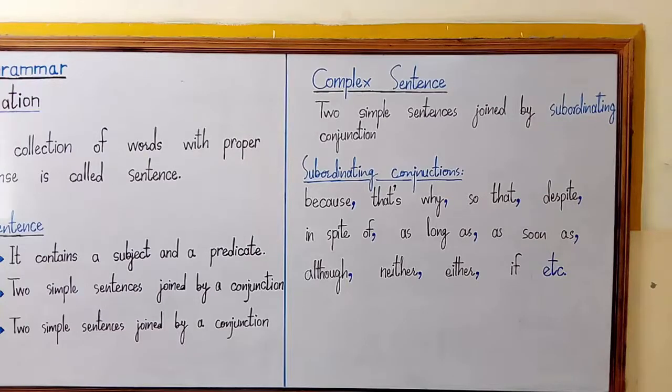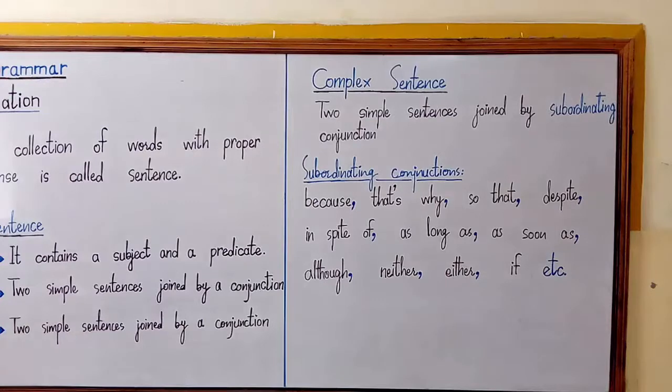Number 1, because, that's why, so that, despite, in spite of, as long as, as soon as, although, neither, either, if, etc. There are some more subordinating conjunctions in the English language. I have given you a few of them.